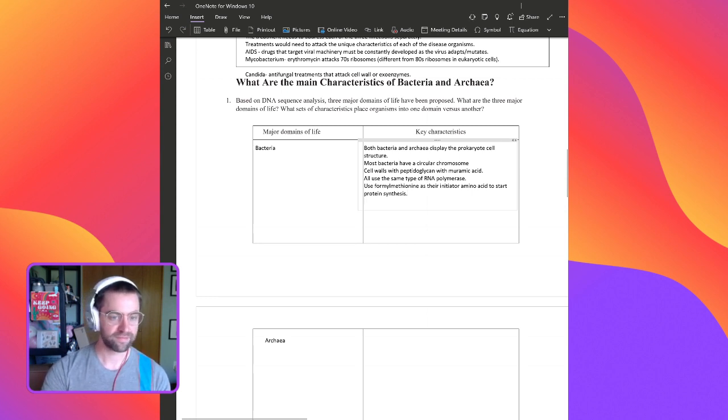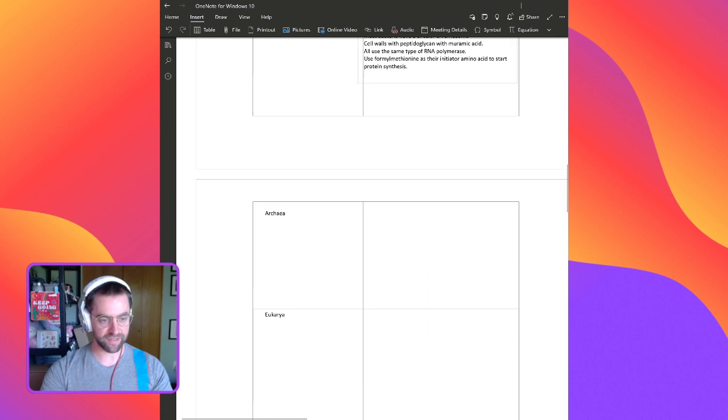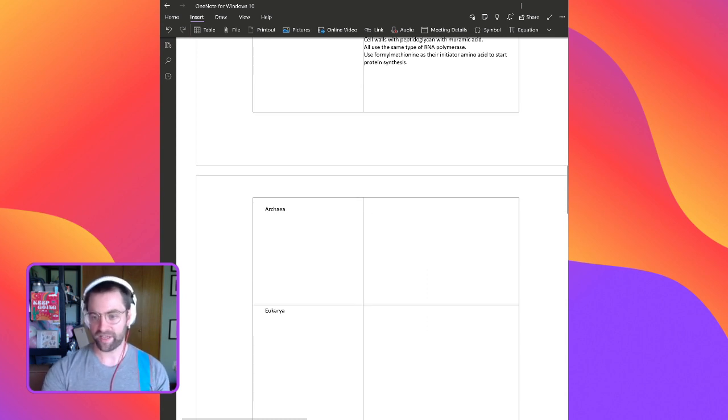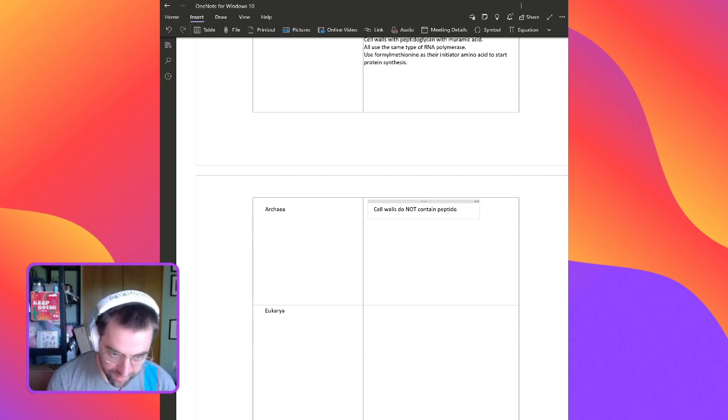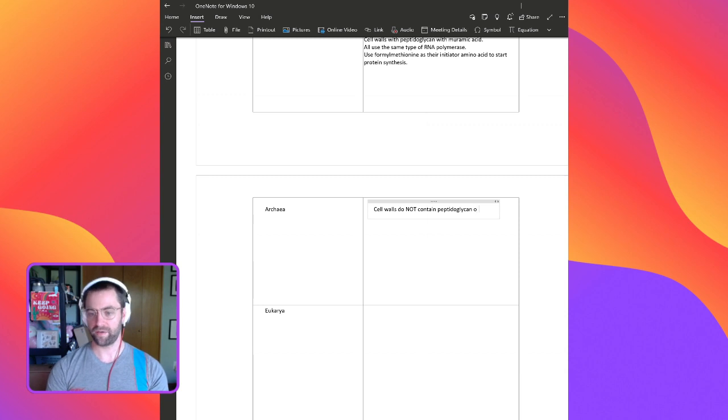All right. So those are the key characteristics of bacteria. Let's move on to archaea. Archaeal cell walls do not contain peptidoglycan or muramic acid.